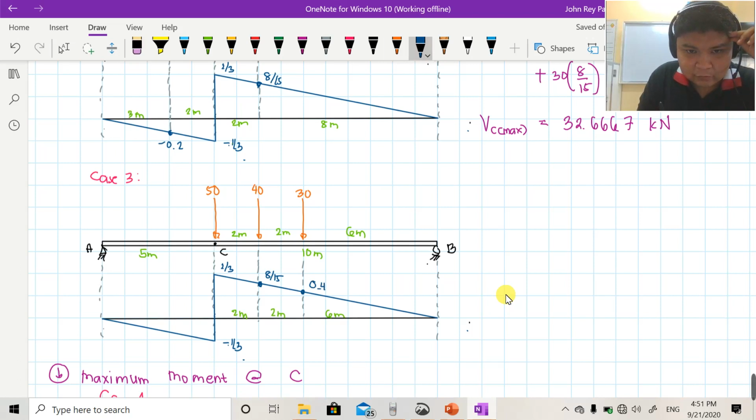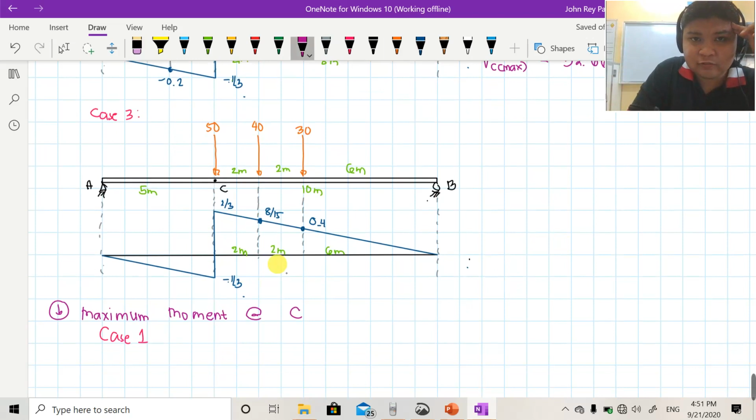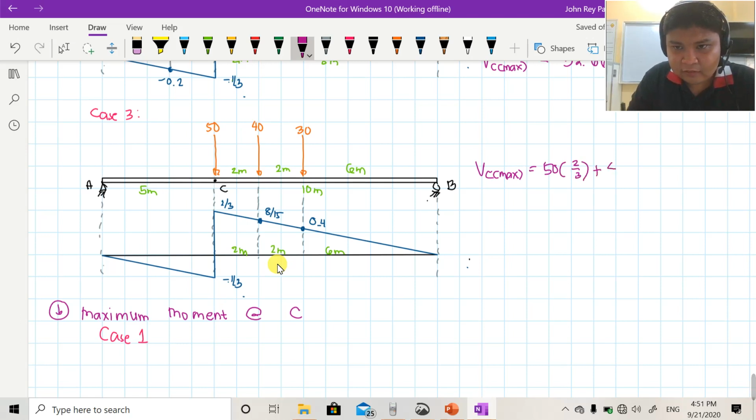Okay, no? So I hope hindi kayo nalilito sa paggawa ko, class, ng ratio and proportion. So therefore, ang gawin mo na lang is the same logic pa rin. VC max is equal to 50 times 2 thirds plus 40 times 8 over 15 plus 30 times 0.4.